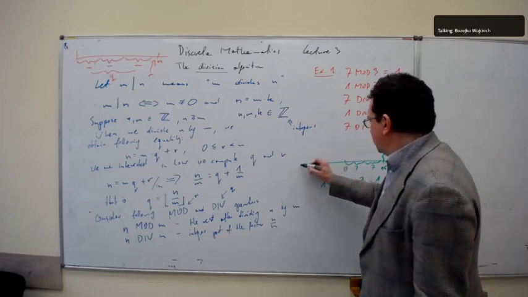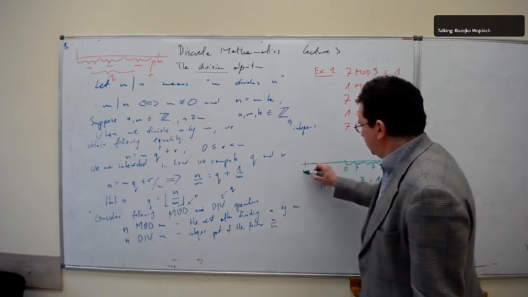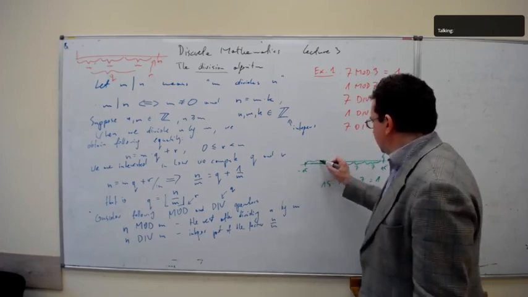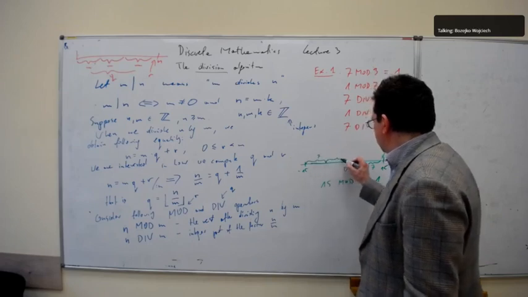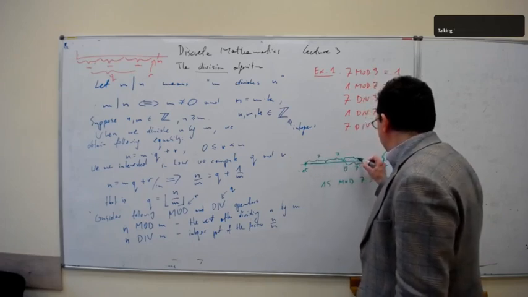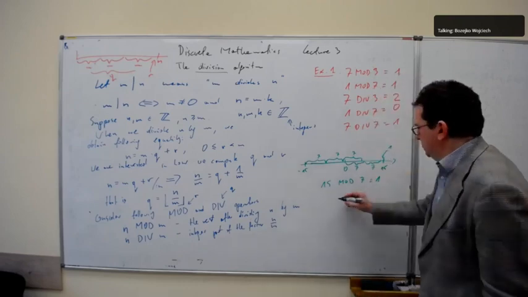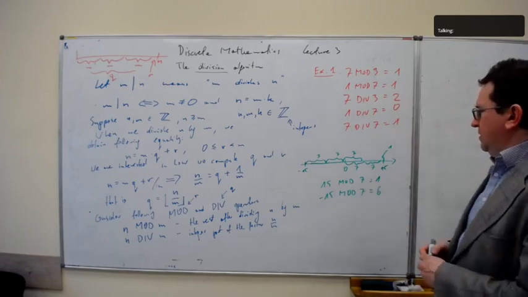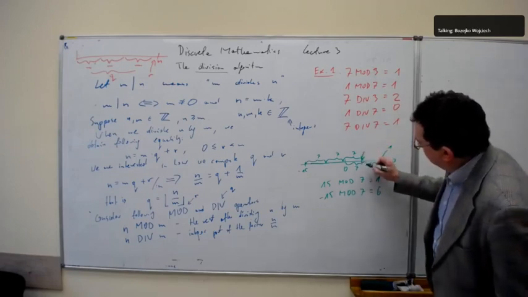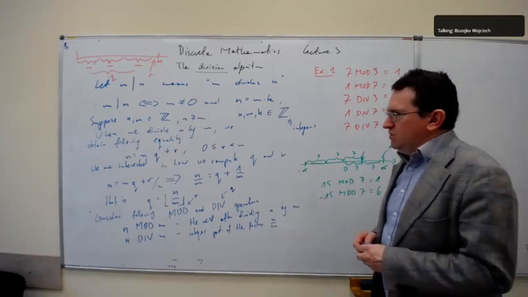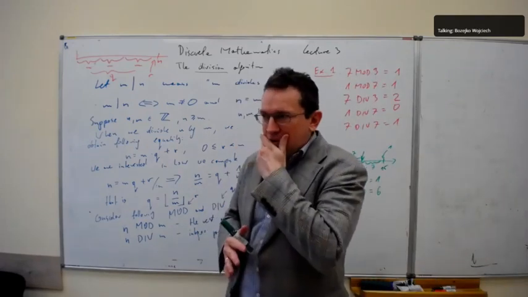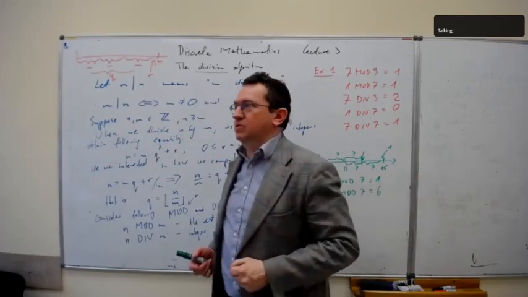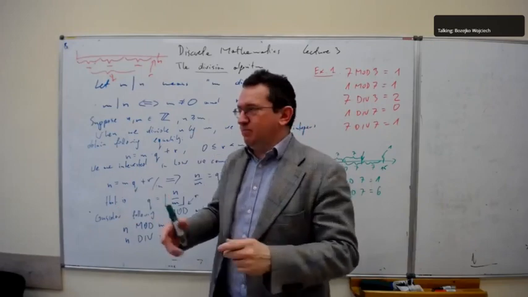If we take minus 15, the result will be like this. Here we can put 7, and this will be 6. Like here, just here. So the modulo operation can convert negative numbers to the interval from 0 to n minus 1.